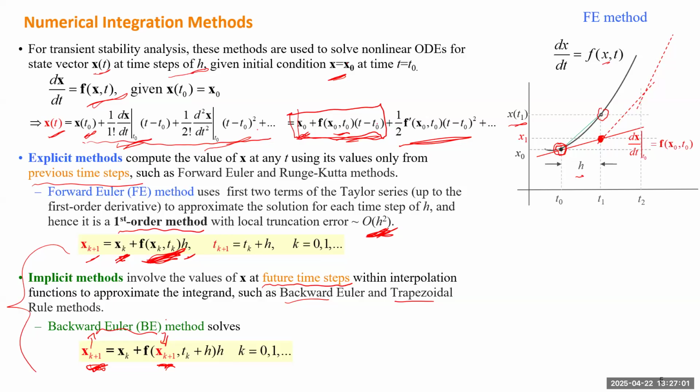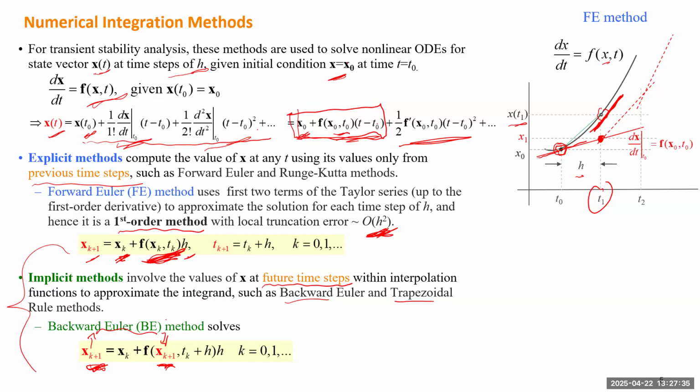So even though the formula looks as simple as the forward Euler method, the computation can be more complex. If we use that figure to illustrate how this method approximates the curve, at T1, instead of using the slope at the beginning point, it's going to utilize the slope at the ending point.